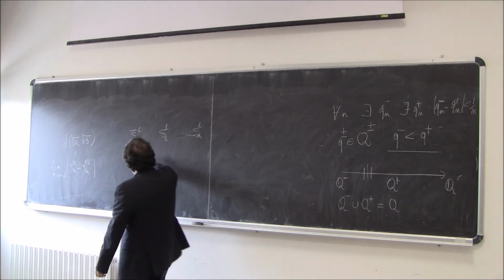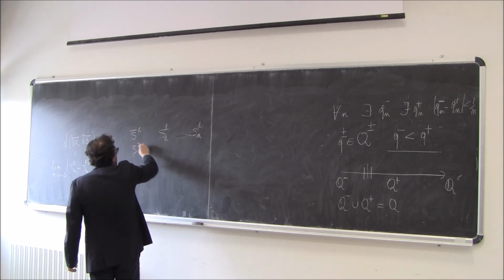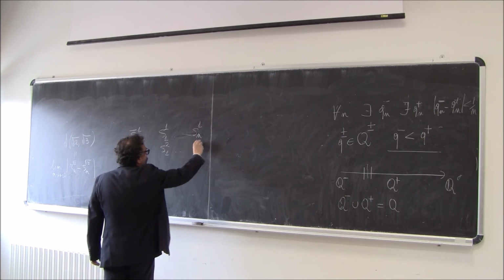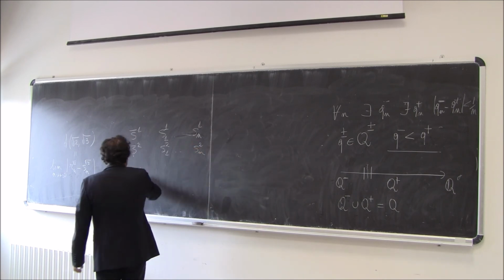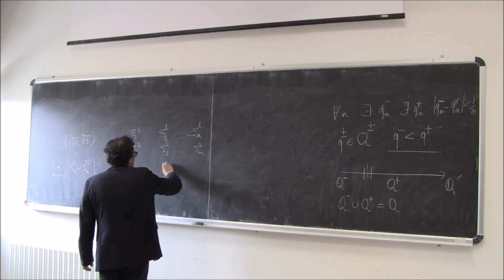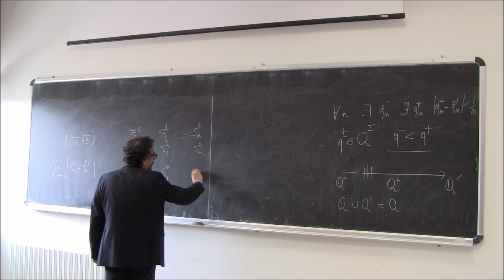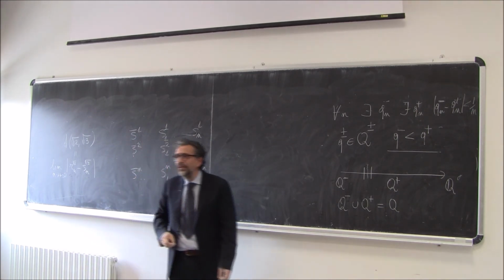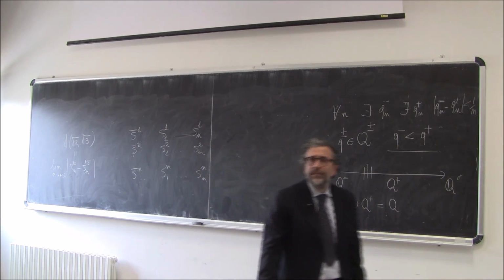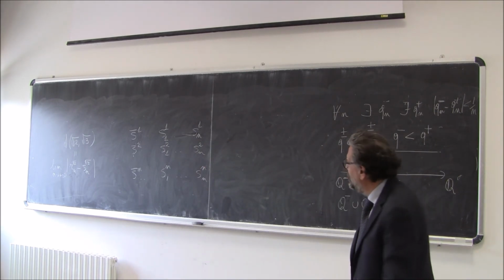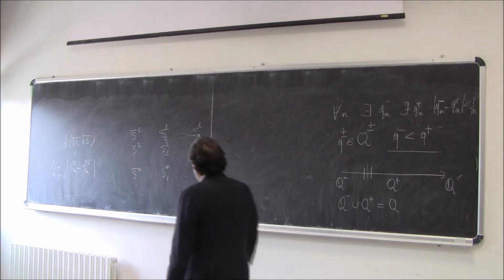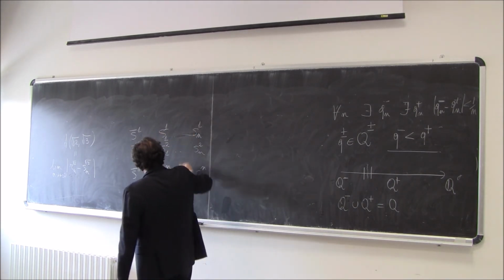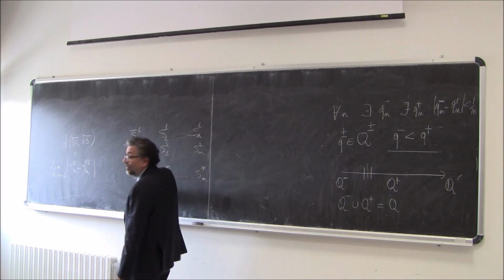Then I have S bar 2, it is S21, S2n, then I have Sn1, Sn, and so on. Okay? And all these are Cauchy sequences, and this sequence is Cauchy.